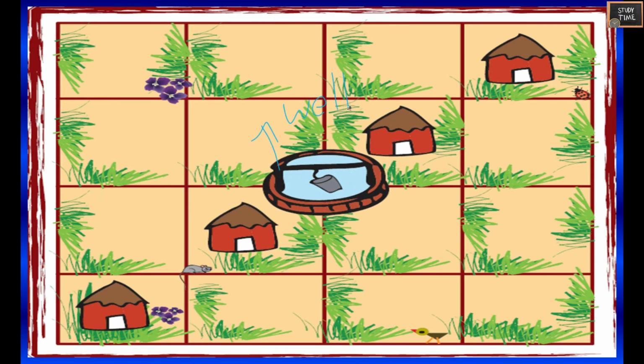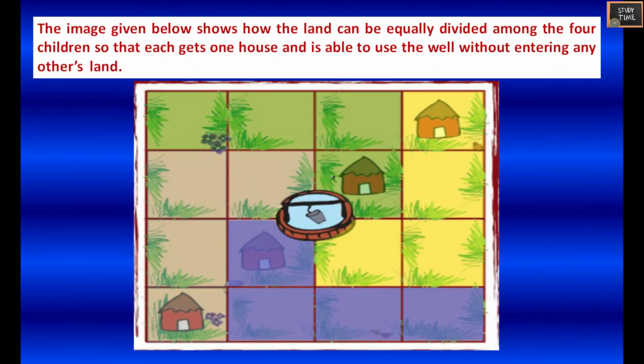See, he has 4 houses: 1, 2, 3, 4. All have to use this well, but they should not enter the other person's field. So how will you divide it so that each person will not be disturbed? Let us find the answer.